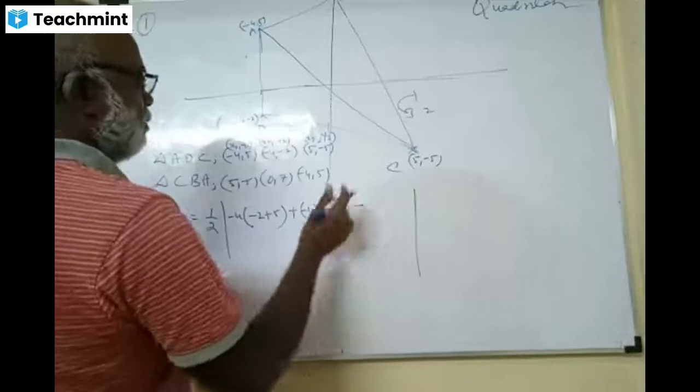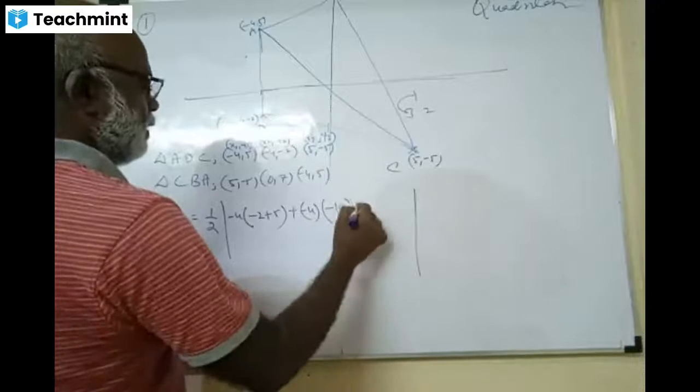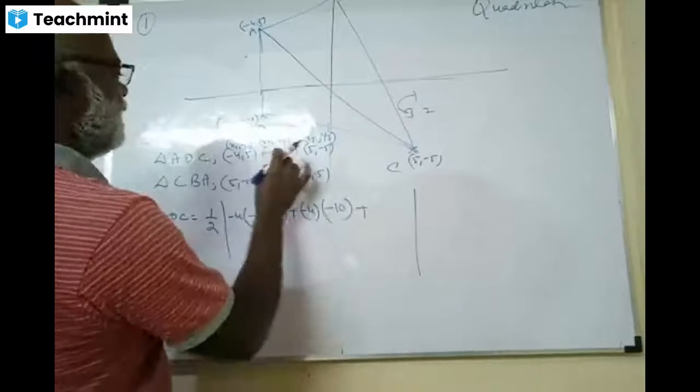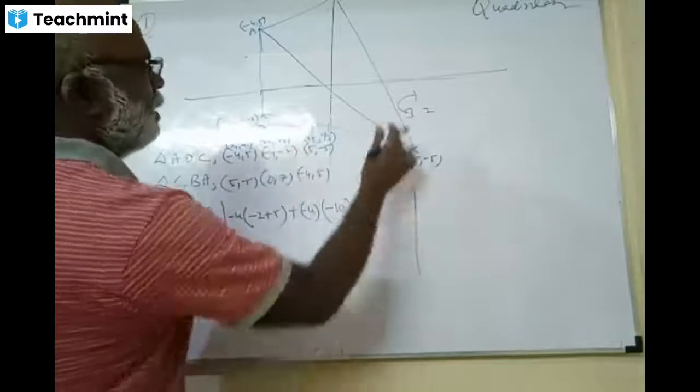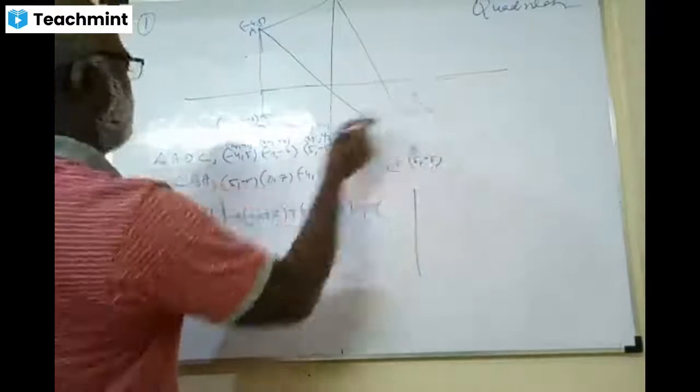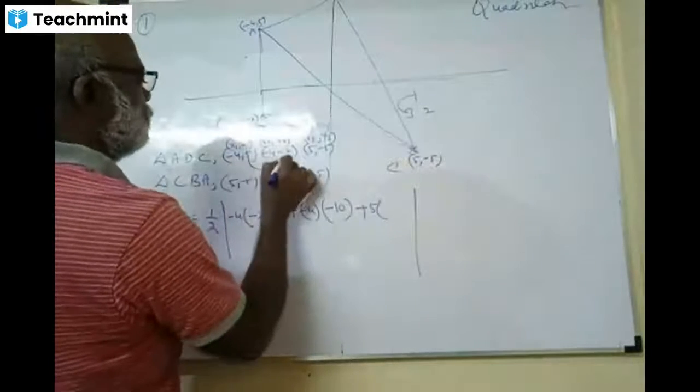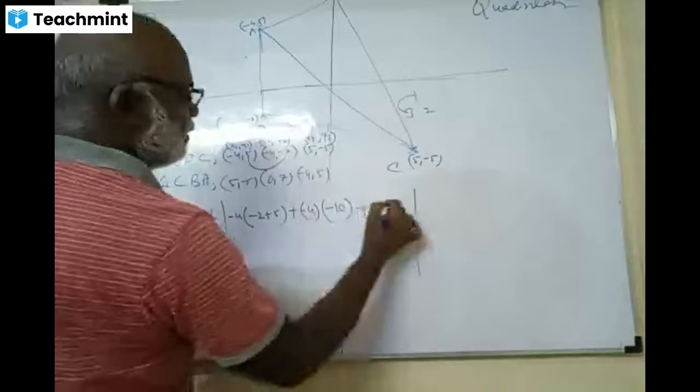Next one, x3, which is 5 into (3 minus ... ) that is 1 minus 2, 5 plus 2, 7.